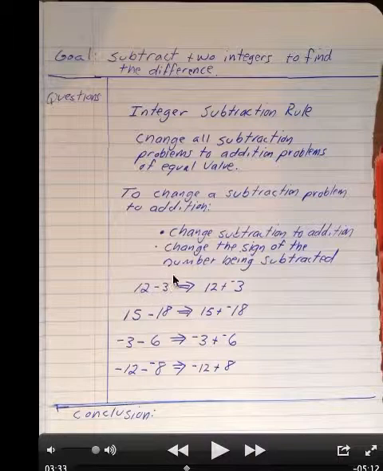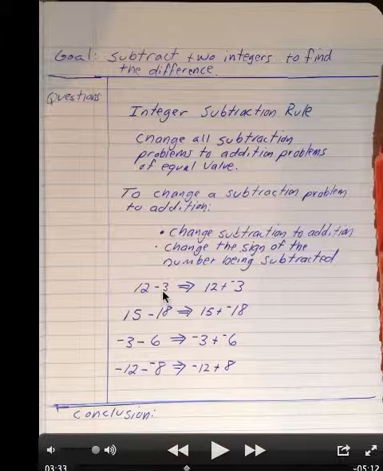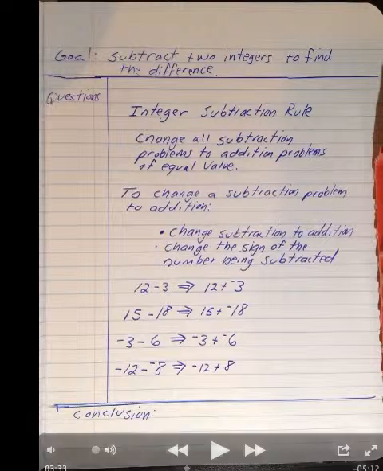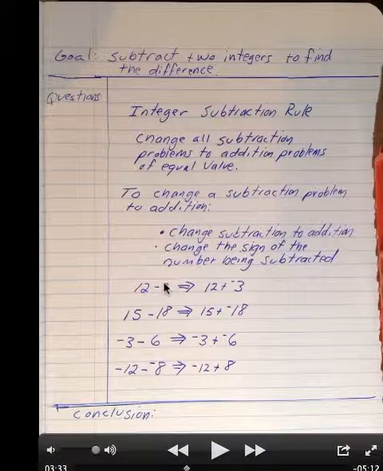So this 12 is still 12. This 15 is still 15. This negative 3 is still negative 3. This negative 12 is still negative 12. But the sign of the second number, this is a positive 3 becomes a negative 3. This is a positive 18 becomes a negative 18. Positive 6 becomes negative 6.